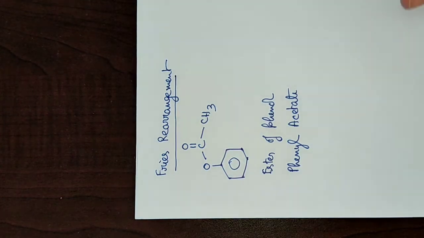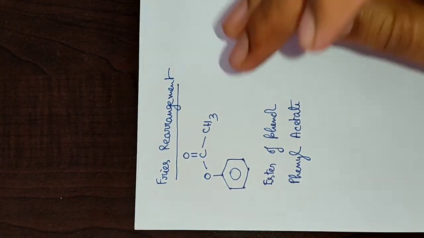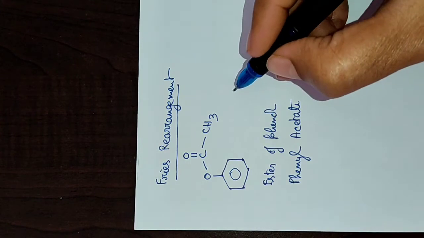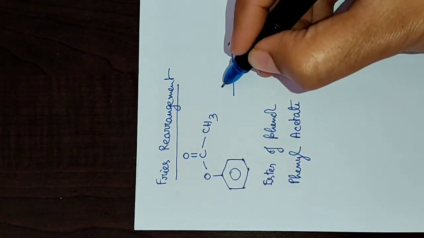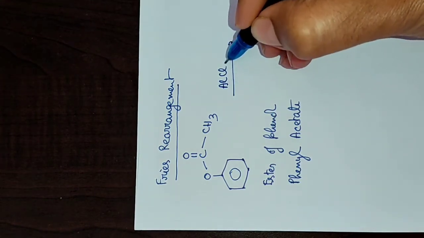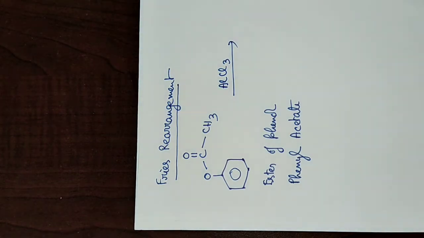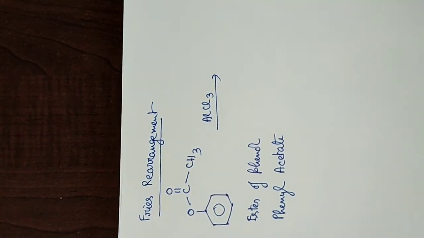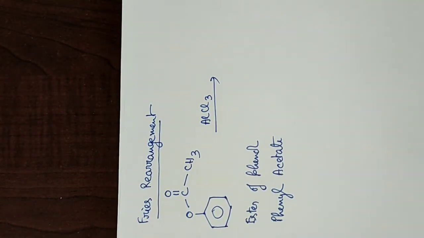Now when we treat this phenyl acetate with a Lewis acid, for example AlCl3, then we get two products. Actually, this is a parallel reaction.